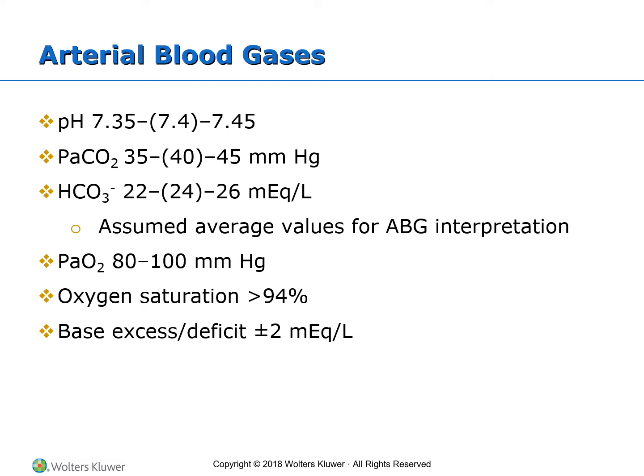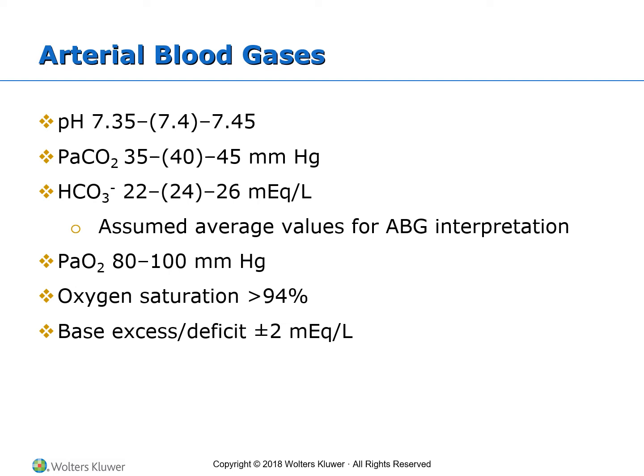And then your HCO3 is 22 to 26. Very, very important: PaCO2, if you're looking at a continuum, you want to flip those numbers. So pH, anything less than 7.35 is acidic. Bicarb, anything less than 22 is acidic. For your carbon dioxide, anything greater than 45 is acidic. So it's flipped.